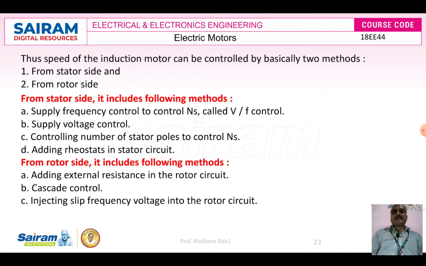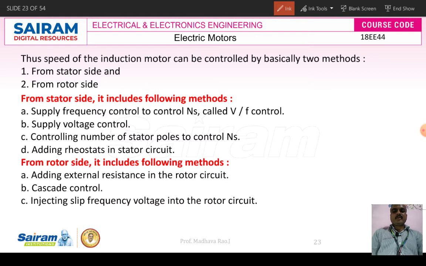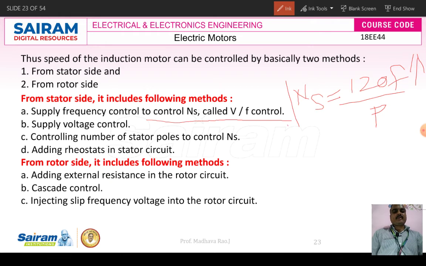The first is supply frequency control, to control the synchronous speed, called the V by F control method. Here the synchronous speed Ns is equal to 120 F by P, so as F increases, the synchronous speed increases. This method is called the V by F control method.